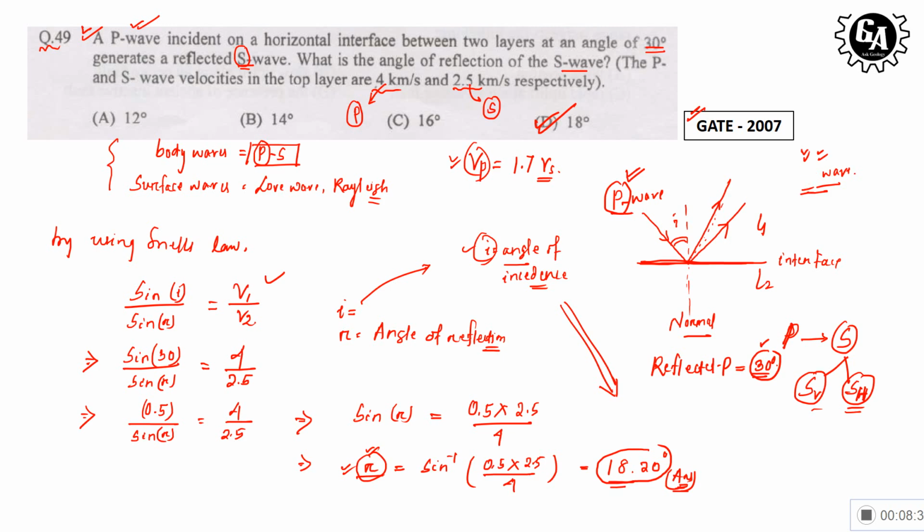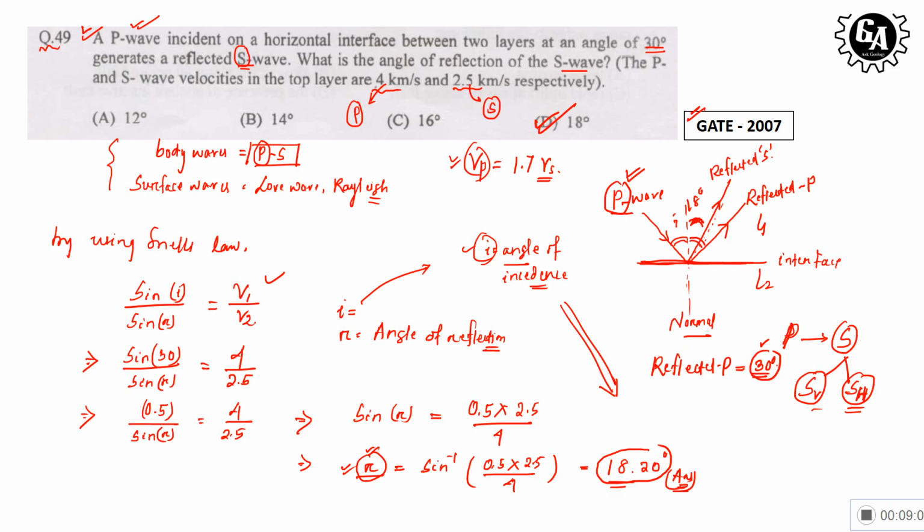That will be more close towards the normal. This is your reflected P, and this is your reflected S. Because for reflected S, what is that angle? That angle is 18 degrees, and what is the angle of reflected P?